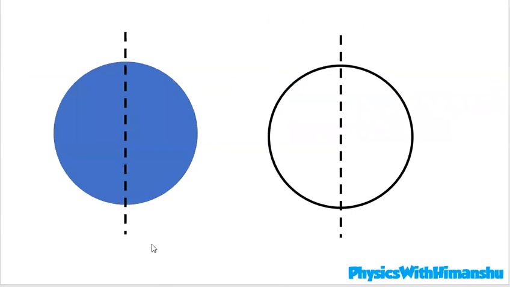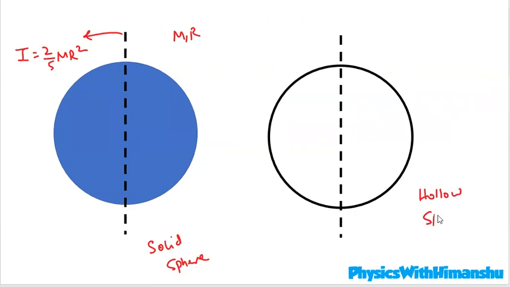Similarly, for a solid sphere of mass m and radius r, about this axis the moment of inertia will be 2 by 5 mr square. And similarly, suppose we have a hollow sphere, same mass and radius r, then the moment of inertia will be 2 by 3 mr square.